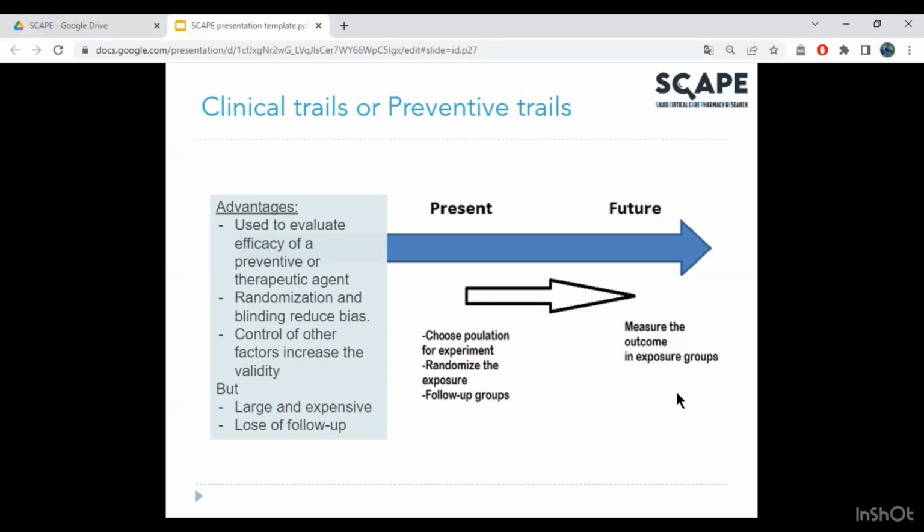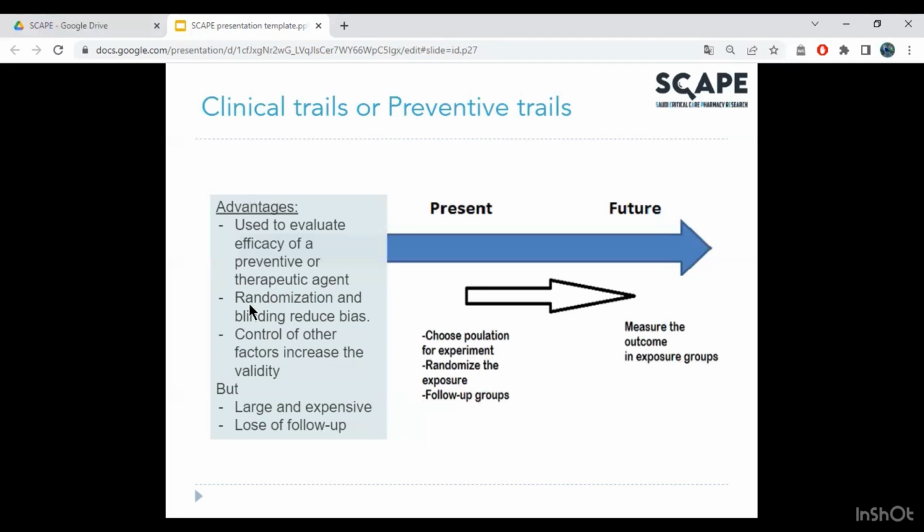So this full control of the researcher over the whole experiment increases the validity, the credibility, and the reliability of clinical trials.